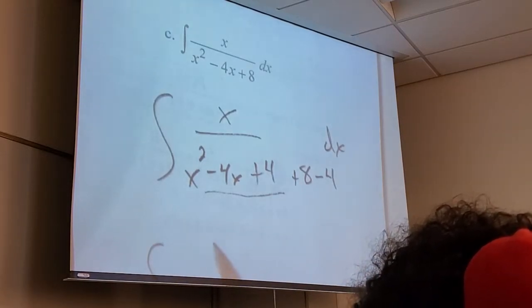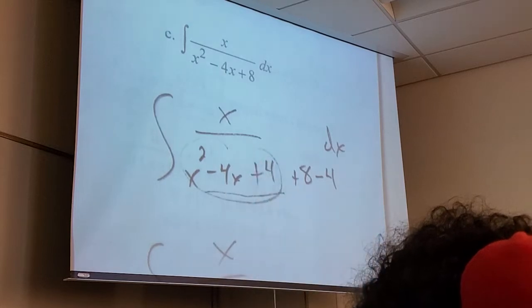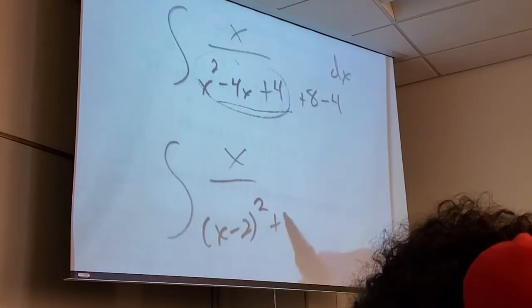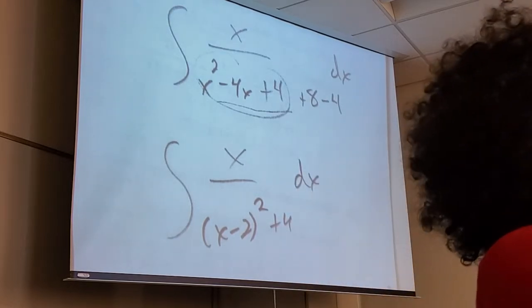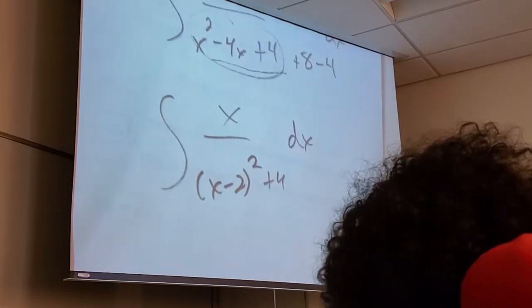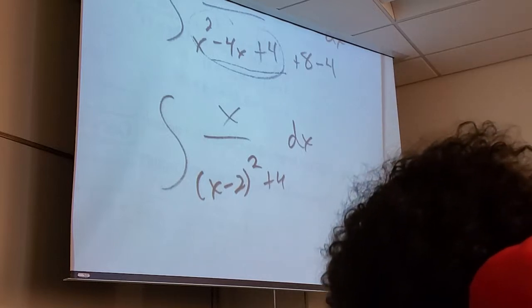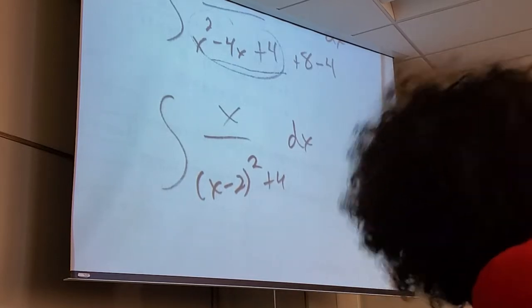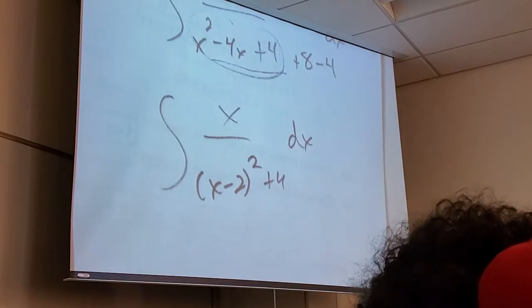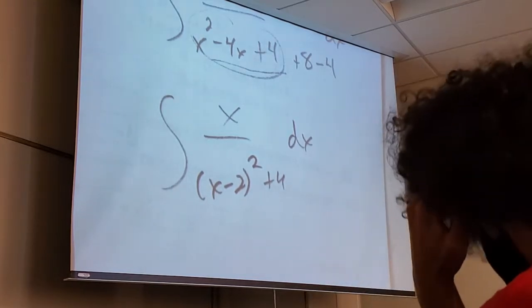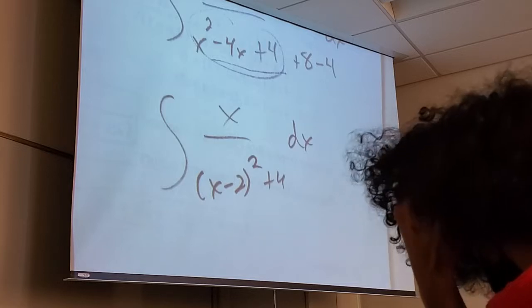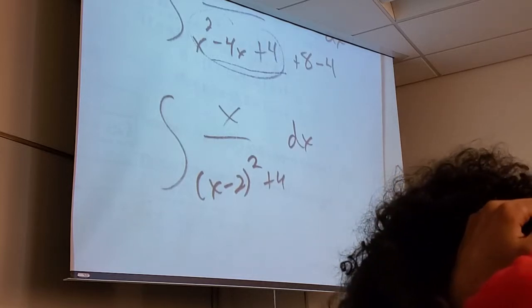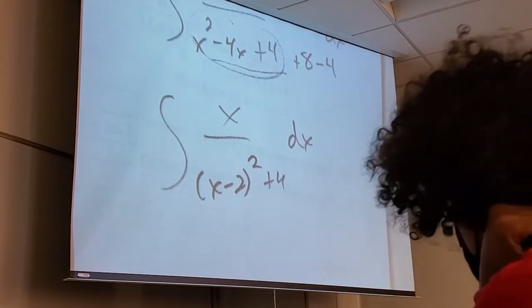Okay. So this factors like x minus 2 squared, and then I have a plus 4 out there. You guys see that? This is one of the weird problems that don't quite fall into the forms. You have to force it into the form. Okay, so there's a couple ways to proceed.